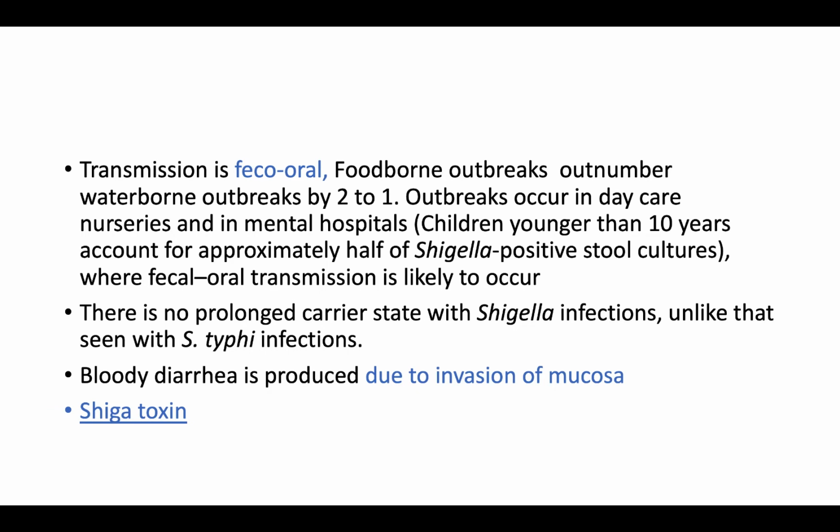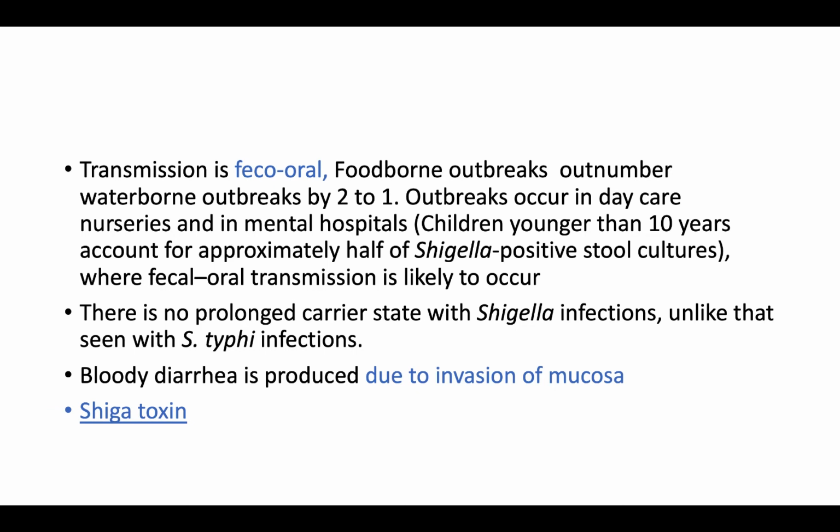The outbreaks here occur in, for example, daycare nurseries, mental hospitals, children, people who have mental problems. They are less likely to have impeccable hygiene, right? So older people, younger people, people with mental problems are usually all in the same area together. Hospitals and nurseries are common areas for outbreaks.